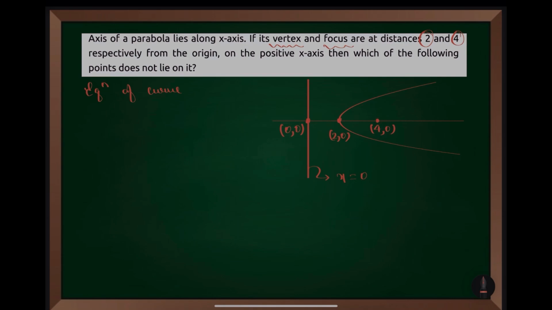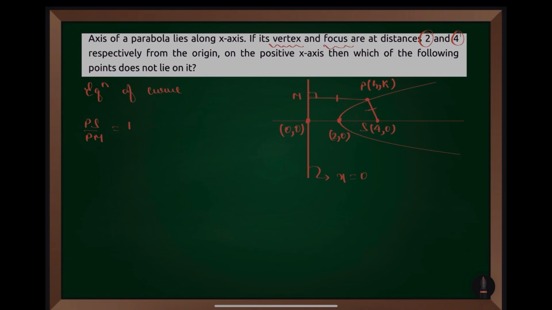So look at this. I am assuming a point on this parabola (h, k). You know that this distance PM should be equal to PS distance, right? Like this was the definition, na? PS by PM should be equal to 1.